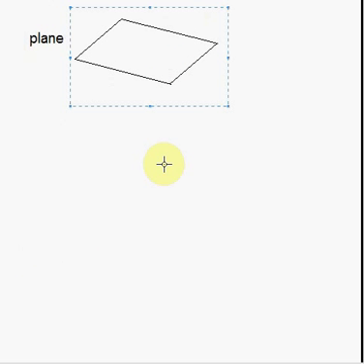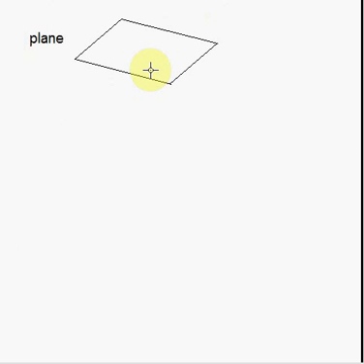Okay, and when you see a plane depicted in your book or in our lessons, it's going to look like a parallelogram. And planes, remember, go in all directions, infinitely this way, this way, and this direction.